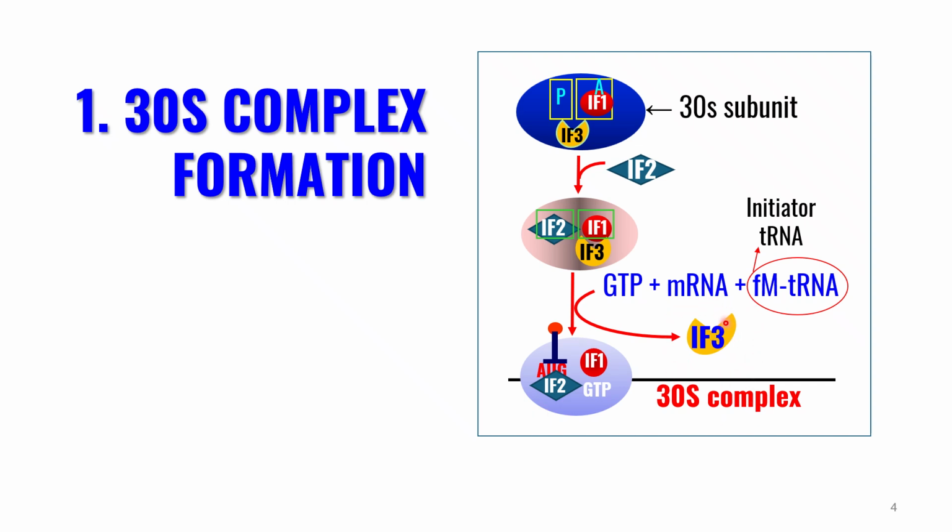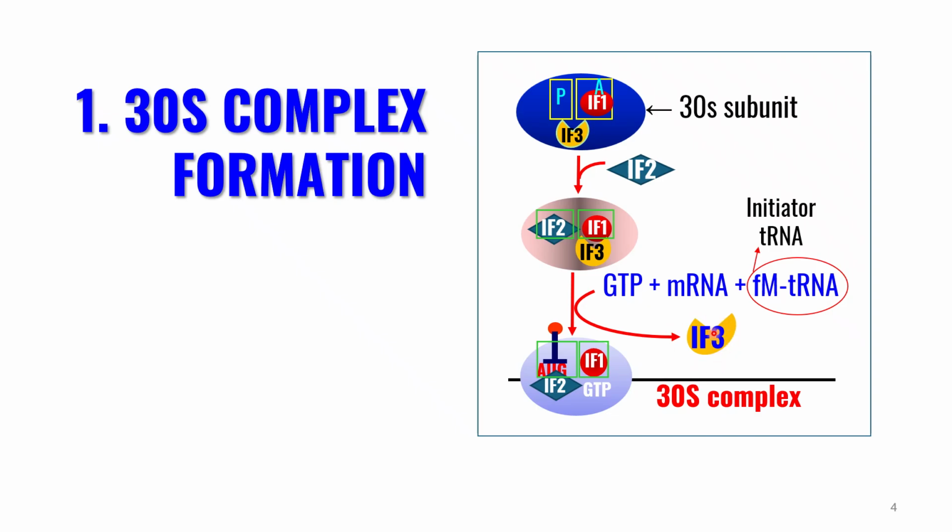At this point, you should know the function of these initiation factors. For example, initiation factor 1 blocks the entry of initiator tRNA to the A site. This is very important. And IF2 actually places the initiator tRNA at the P site correctly. Whereas IF3 or initiation factor 3 is an inhibitor for the binding of the 50S subunit.